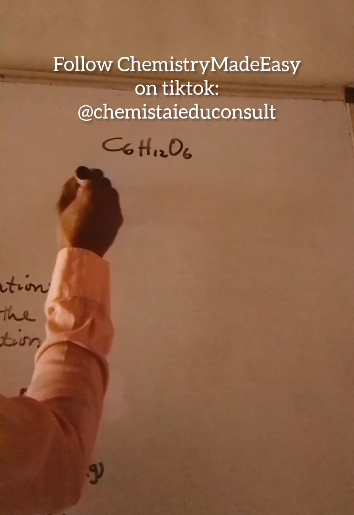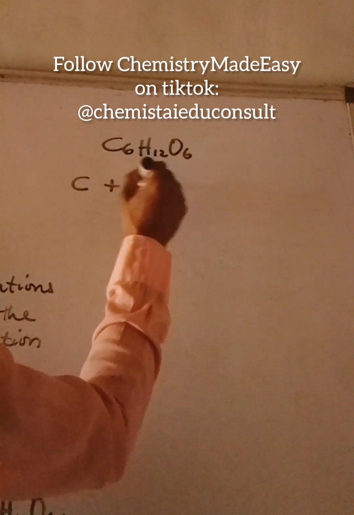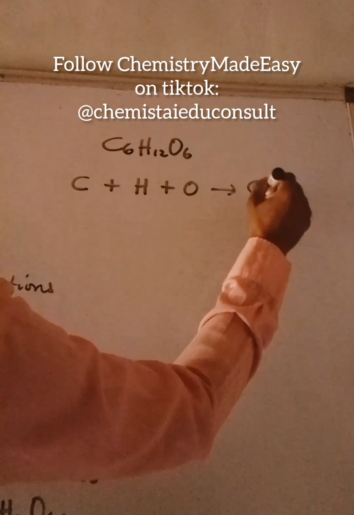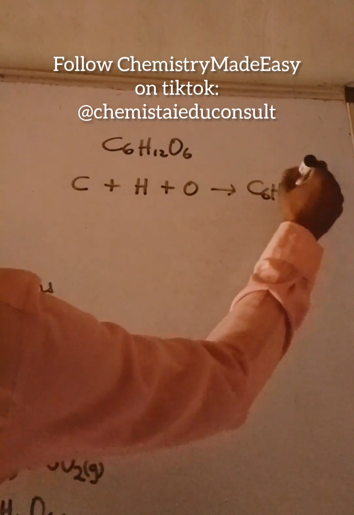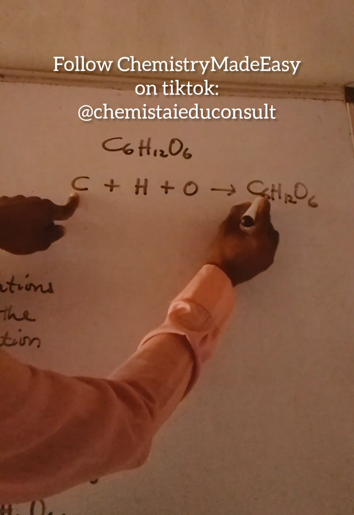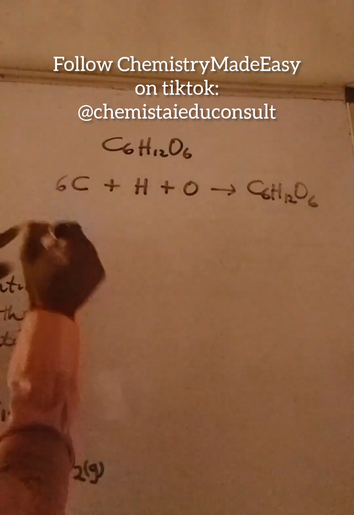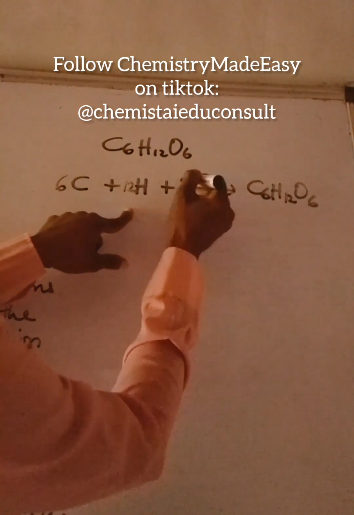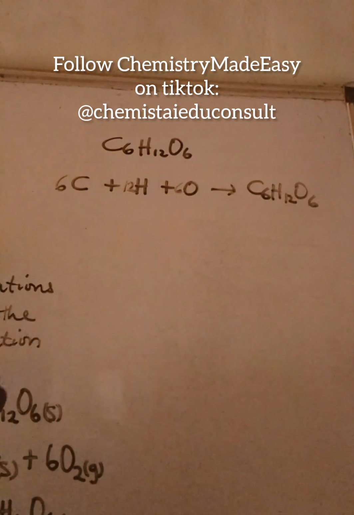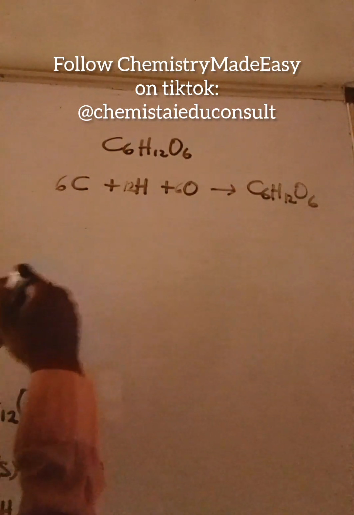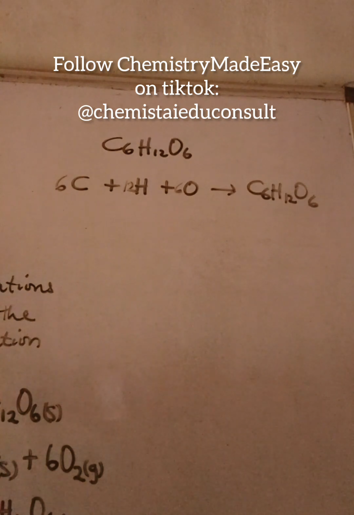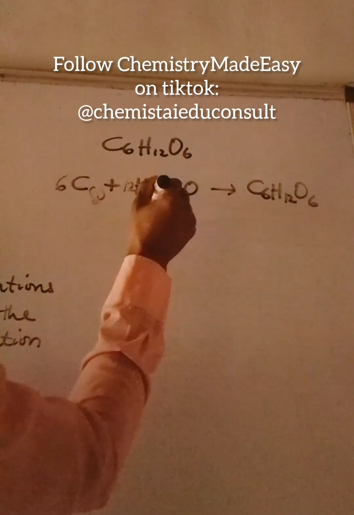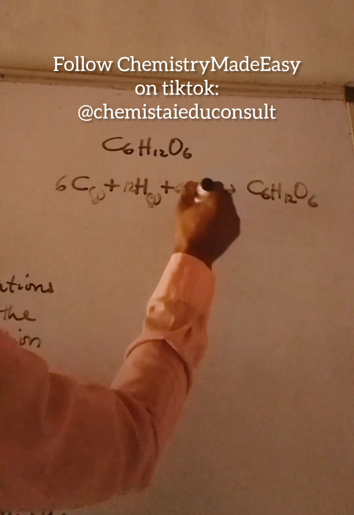You can say carbon atom plus hydrogen atom plus oxygen atom gives you glucose, C6H12O6, meaning 6 carbon atoms at the product side, you write 6 at the back, 12 hydrogen and 6 oxygen. But for this equation to be true, all these atoms must be gases.